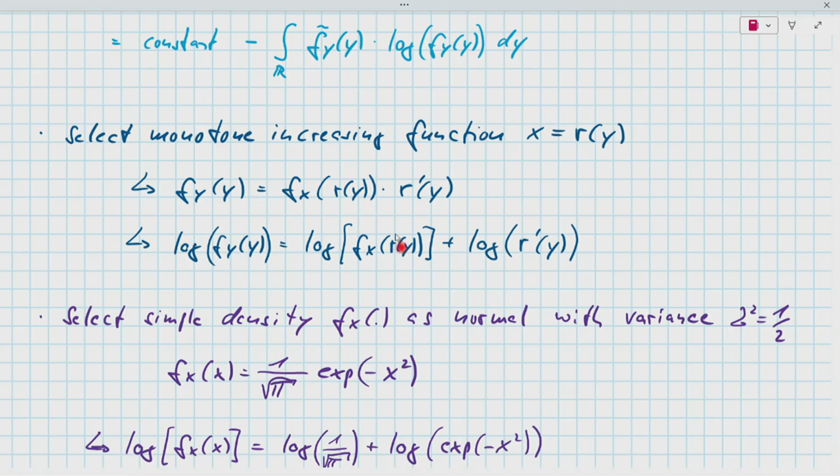So I have the log of the x density, but plugged in my reverse transformation, plus the log of the derivative. So now what I can do is find a simple density here. And here you can see what I mean by a simple density: when you use the KLD, the Kullback-Leibler divergence, you should use a density that exploits the log in front of it.